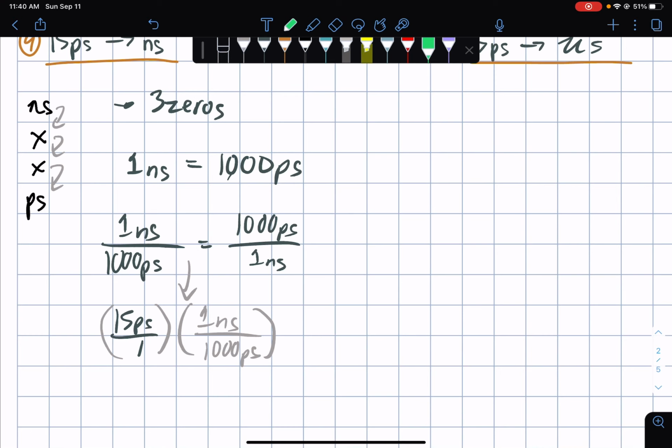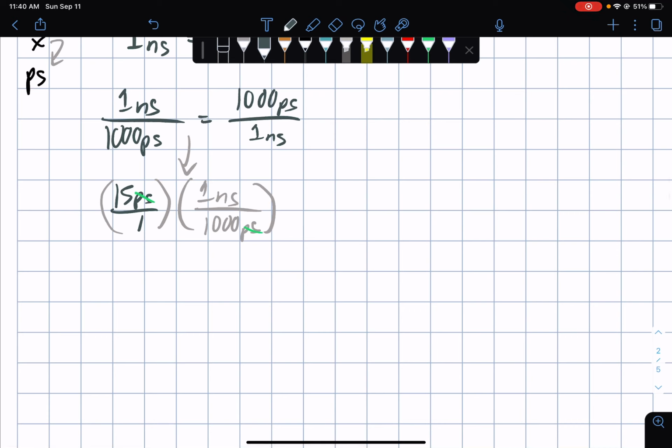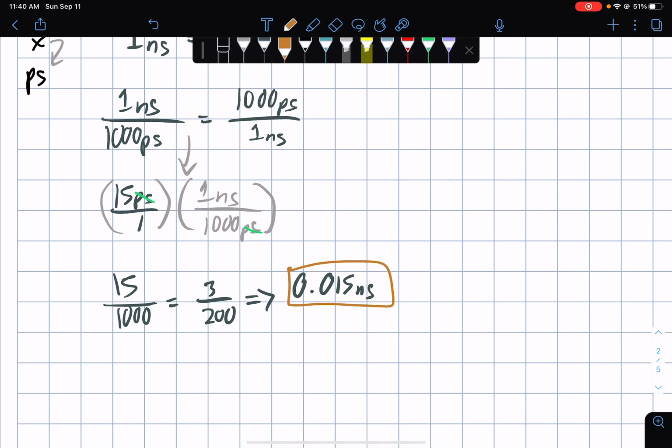Cancel the ps terms. 15 over 1000, we get 3 over 200. We divide both the numerator and denominator by 5, and we get 0.015 ns, or nanoseconds.